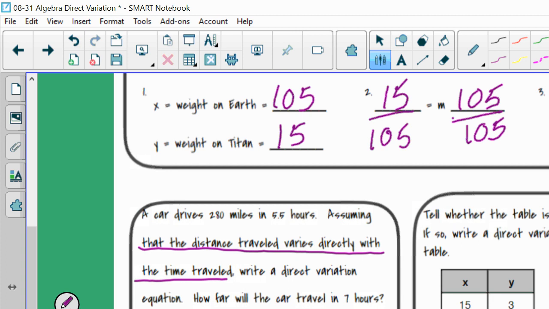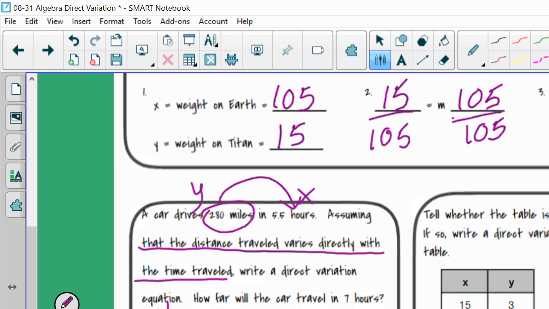So if the miles depends on the hours, this is my Y. This is my X. So my Y is going to be my miles, the distance traveled, and the X is going to be how long I've been traveling. Okay, so we know we can do Y over X.